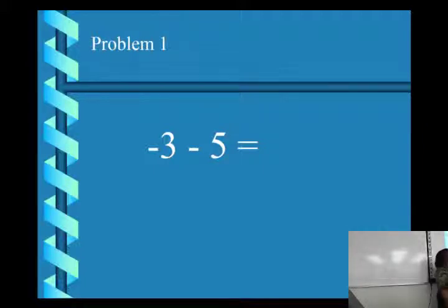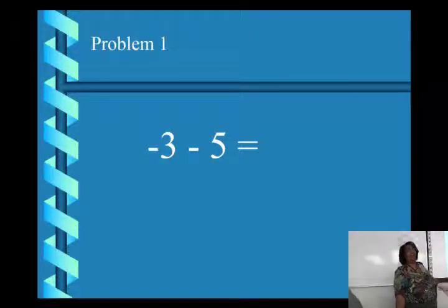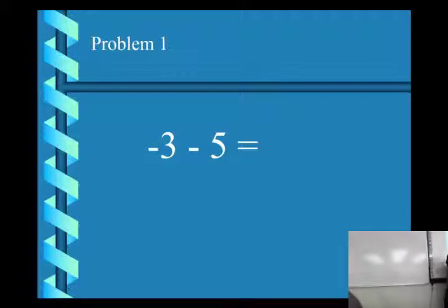Now, the reason why you have to trust the rule is because if I give you negative 492 and negative 5,620, you can't do all that on a number line. You have got to trust the rules. But until you can trust the rules, if there are small ones like this, then you can go ahead and put them on a number line to see that that would be negative 8. That would be a positive 4,777.